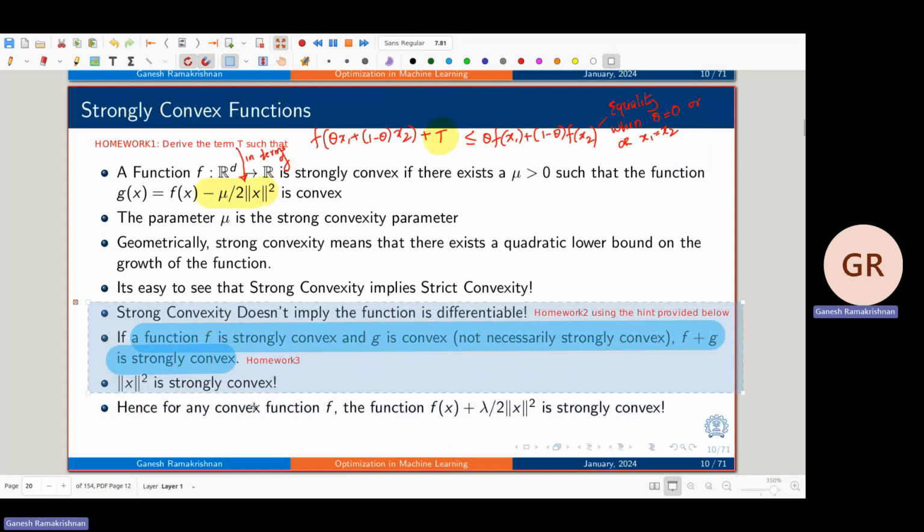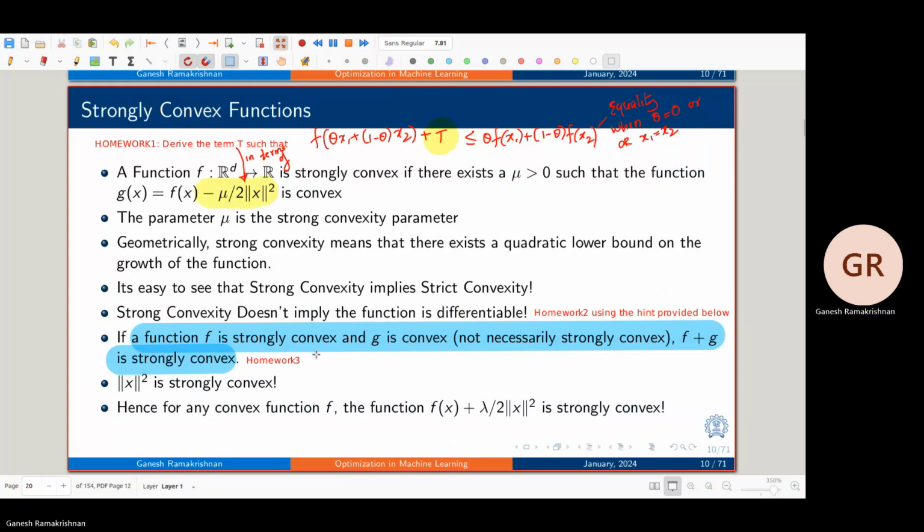And the other thing is, if a function is strongly convex and G is convex, but not necessarily strongly convex, then adding the two brings you strong convexity as per this definition, right? So if one function is convex and the other is strongly convex, from that strongly convex function, even if I subtract mu by 2 norm x squared, I still have convexity. And that term mu by 2 norm x squared, I could also subtract from the sum and still have convexity.